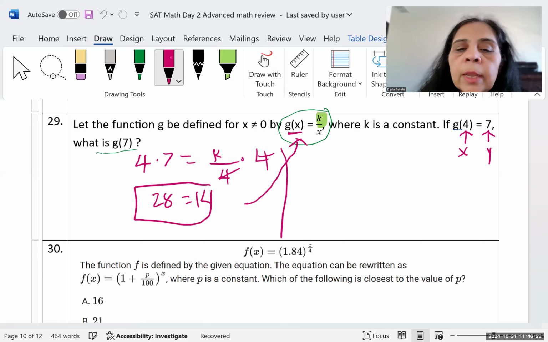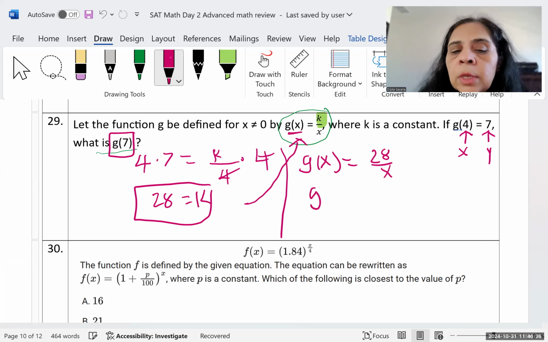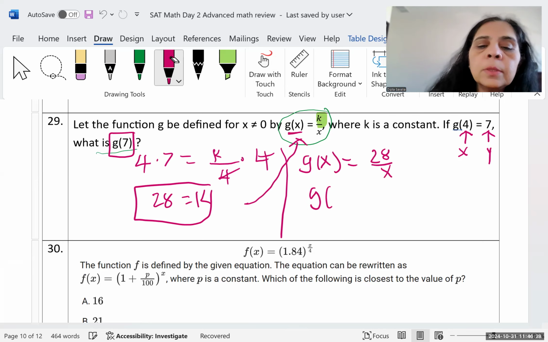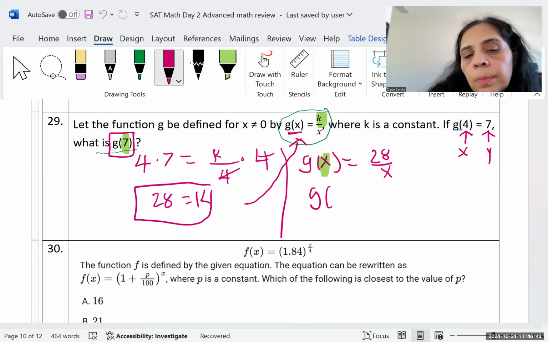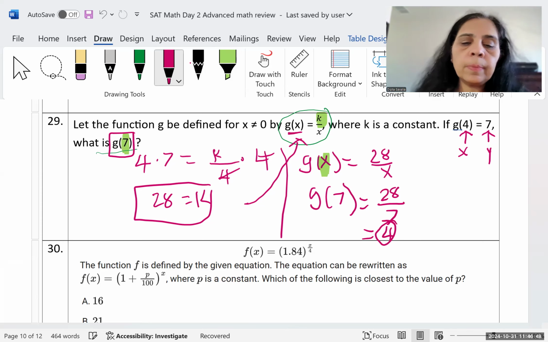So we will get equation in variable x. So 28 over x. Now we can find g of 7. So g of 7. So what we are doing, we are just plugging in x is 7, equal 28 over 7 is 4. That's it. That's the answer.